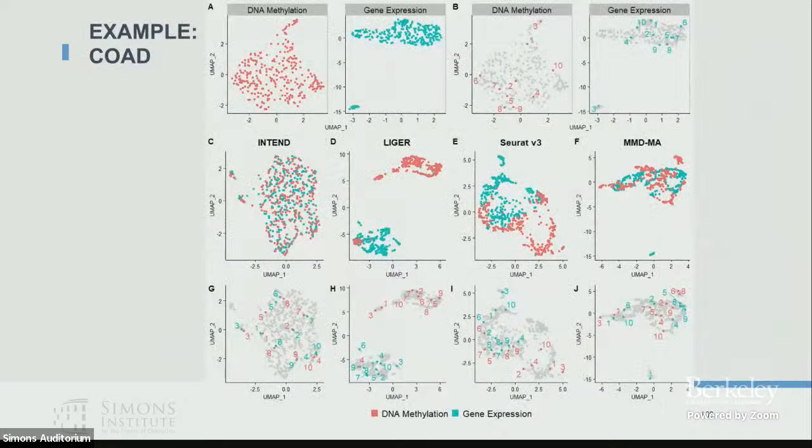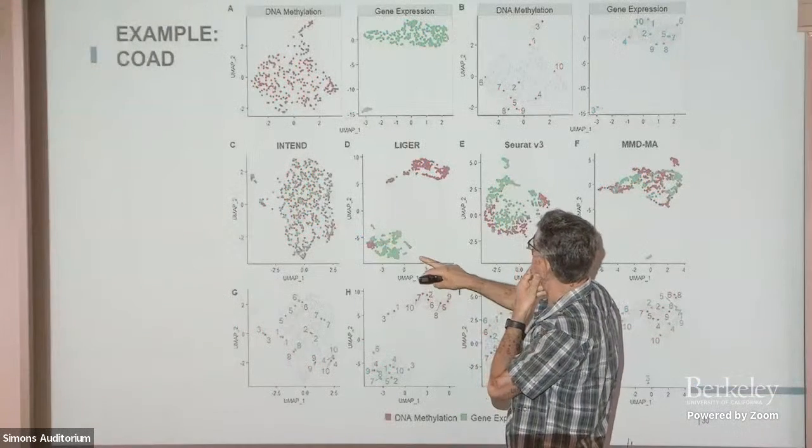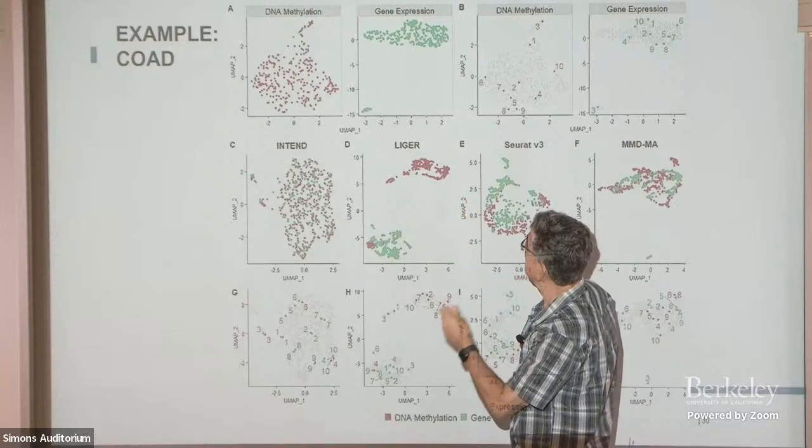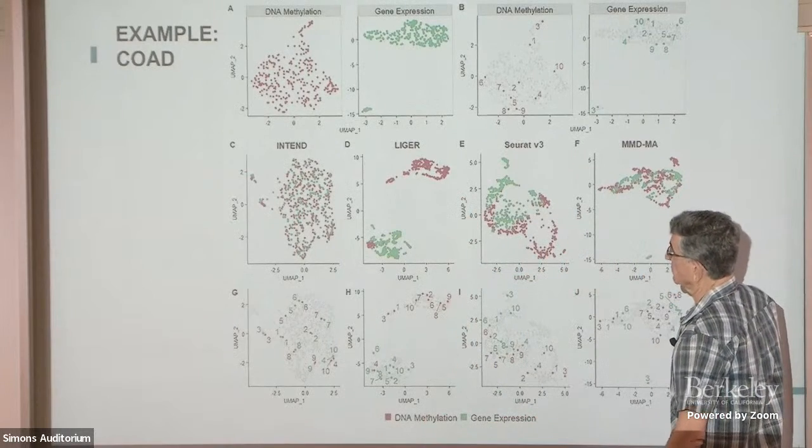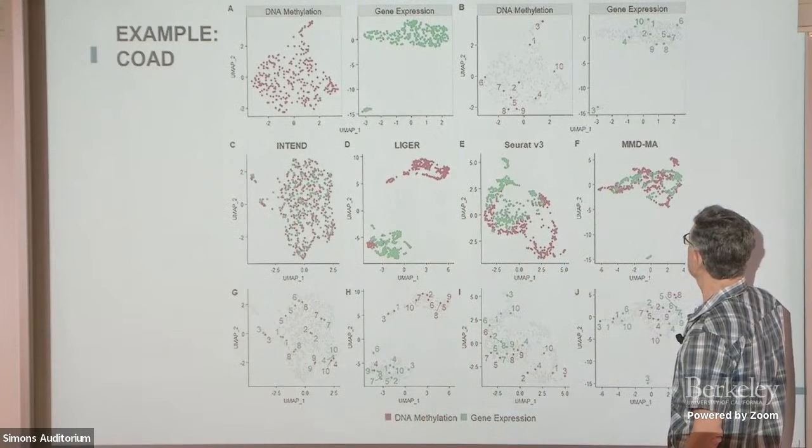Here is one example. So this is colon adenocarcinoma. So you see here the UMAPs of the DNA methylation and the gene expression. And here is the embedding of INTENT. It is very well mixed. In LIGER, we see strong separation.